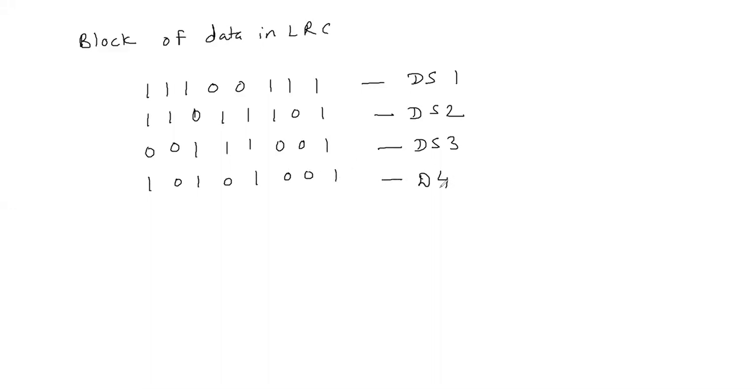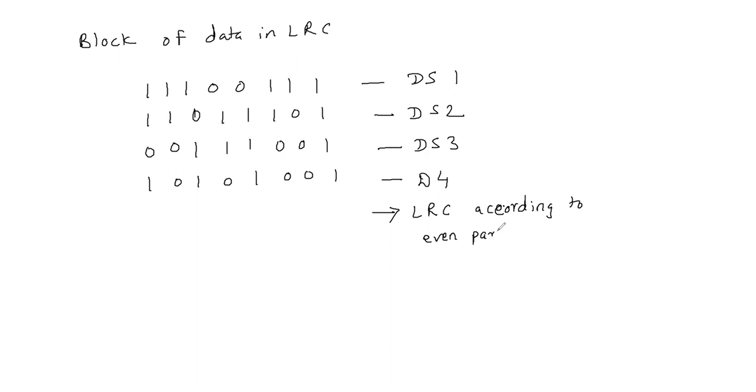Now this type of data is usually called a block of data, where a stream of data is given in two dimensions and one extra row will be added at the bottom, and that will be called the LRC bits according to even parity. Here we are going to add one more row, and that row will be the longitudinal redundancy check bits according to even parity.